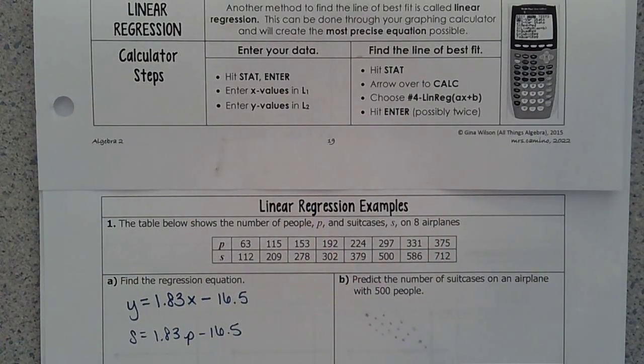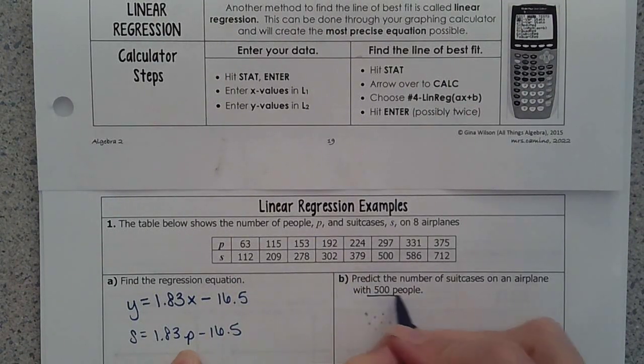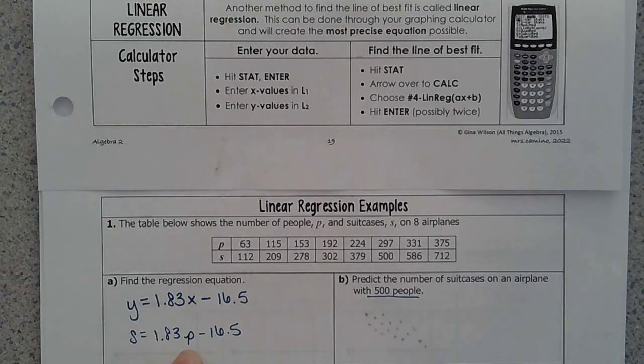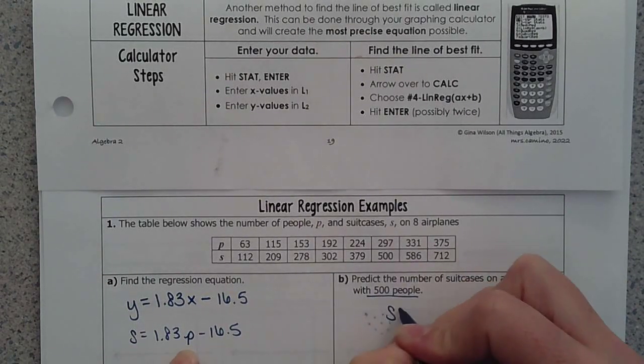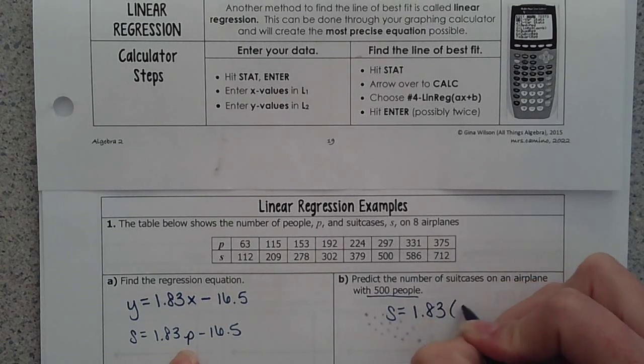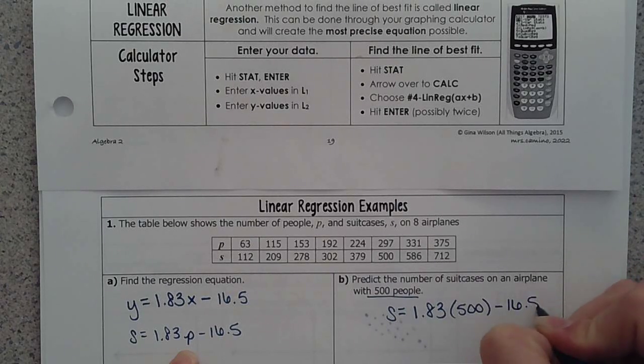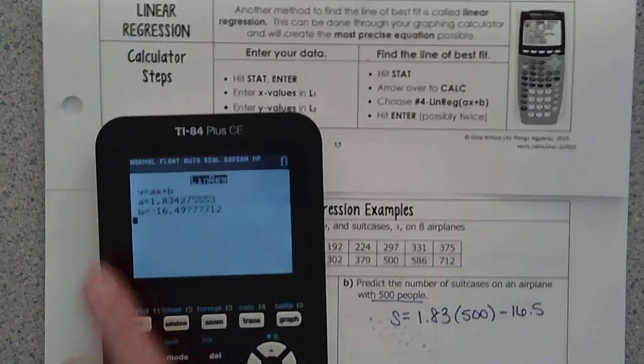The next question says predict the number of suitcases on an airplane with 500 people. Suitcases is my output, people is my input, and I'm curious about 500 people. So we're going to say suitcases equals 1.83 times 500 minus 16.5, and I'm going to calculate that.